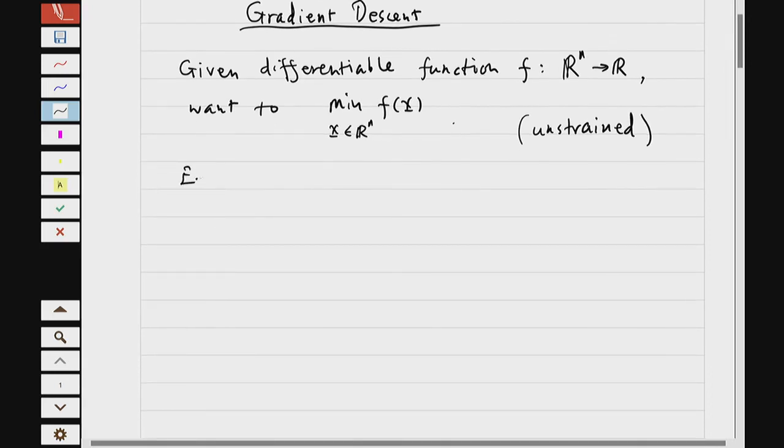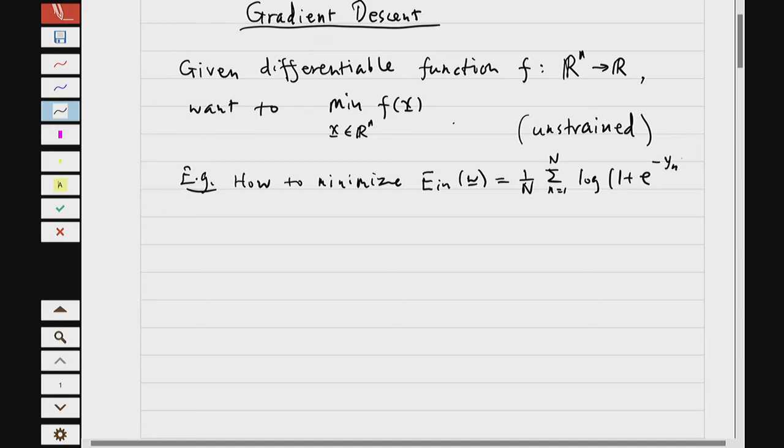One example that motivates this study is that we want to minimize E_in of logistic regression, which is the cross-entropy loss, or the log loss, that has this form. That's the question we want to ask.